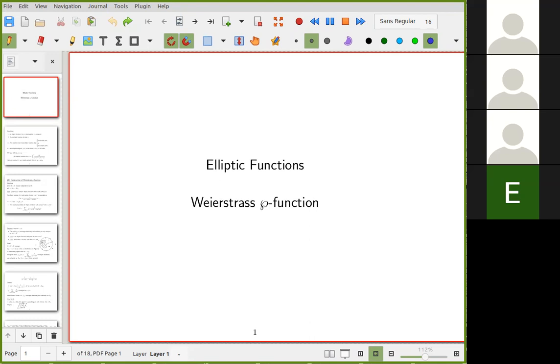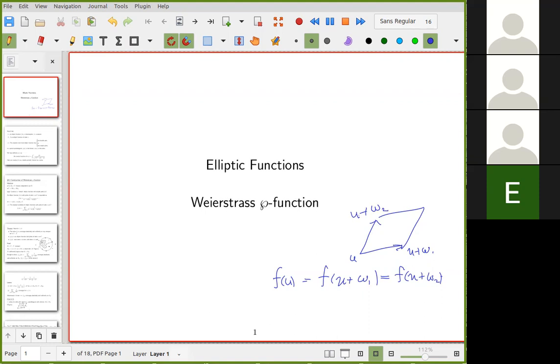Okay, let's start. Last week, we defined elliptic functions as doubly periodic holomorphic functions, and proved several important theorems.